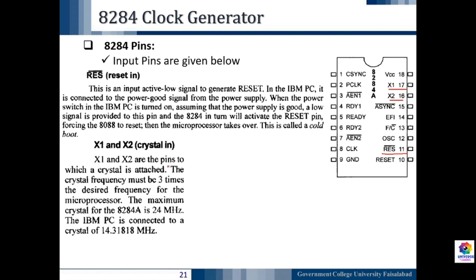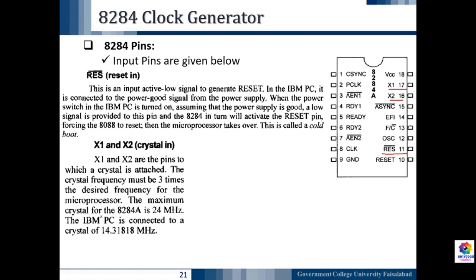These pins are used to connect the crystal oscillator with the clock generator IC, and we will use a crystal oscillator of a frequency 3 times the required frequency. X1 and X2 are the pins to which a crystal is attached. The crystal frequency must be 3 times the desired frequency of the microprocessor.